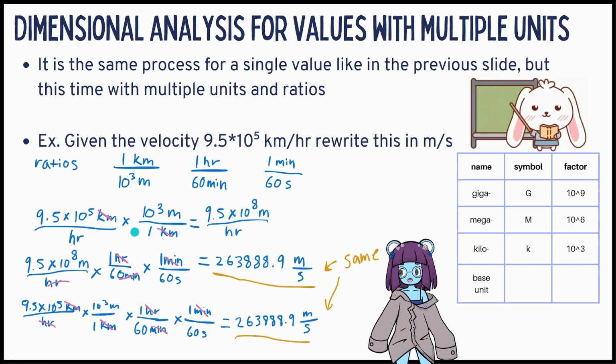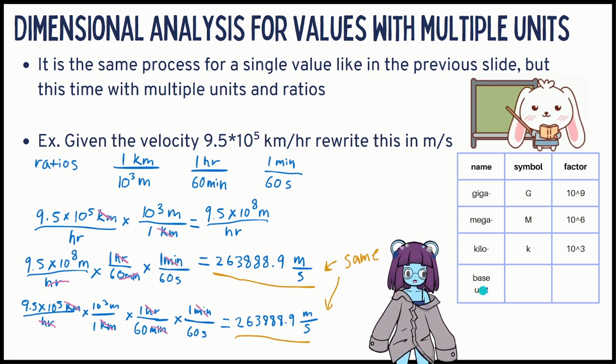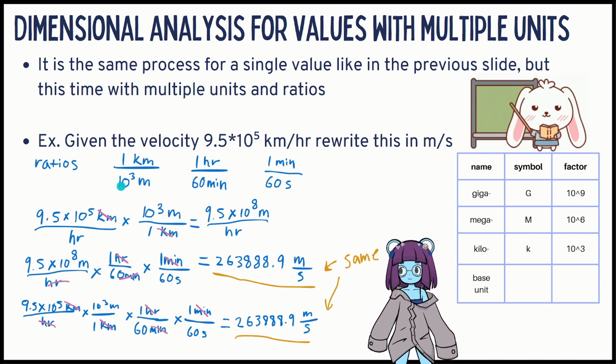So let's first go over changing length. If you remember from the metric system, we have this chart with different conversion factors, and we know that meters is the base unit, K is for kilo, and for kilo you have 10 to the third power. So that means 1 kilometer is 10 to the third power meters. So those are equal to each other. So we take a conversion ratio of that, and we can multiply it with this.